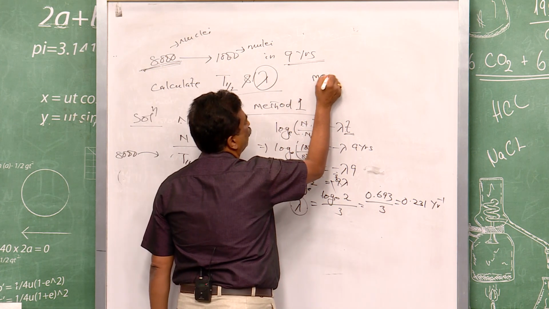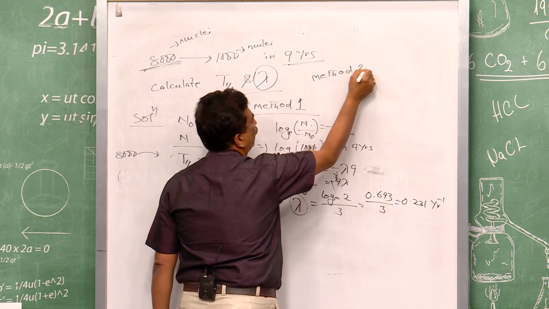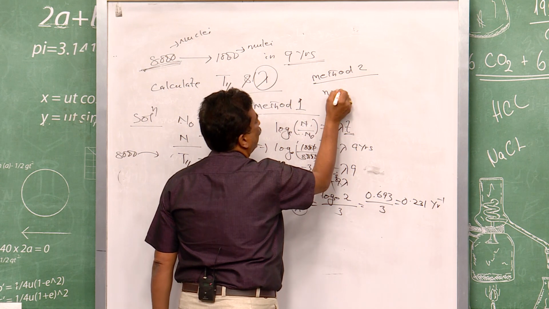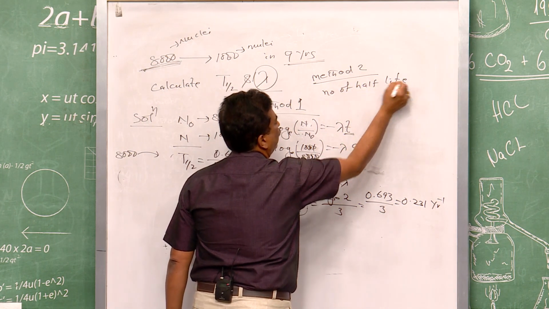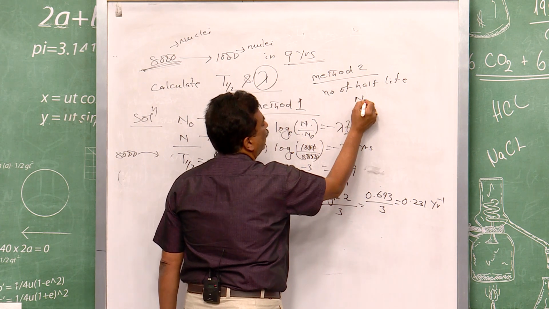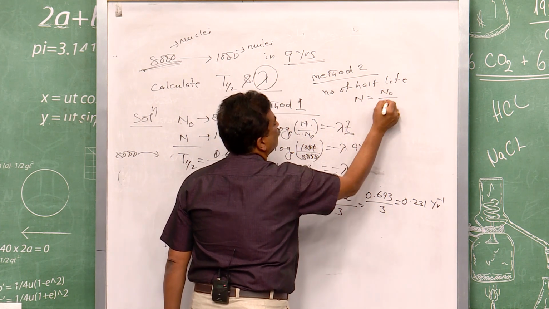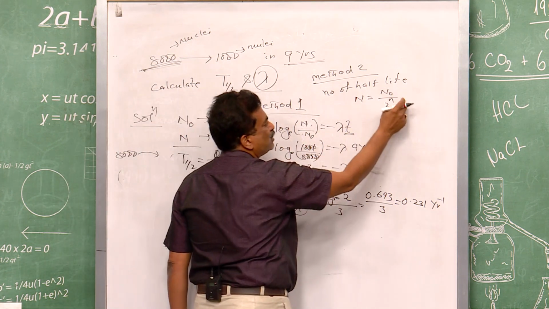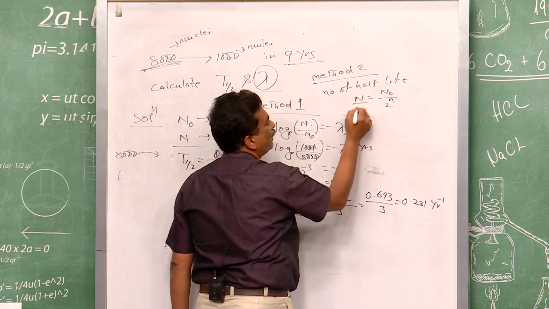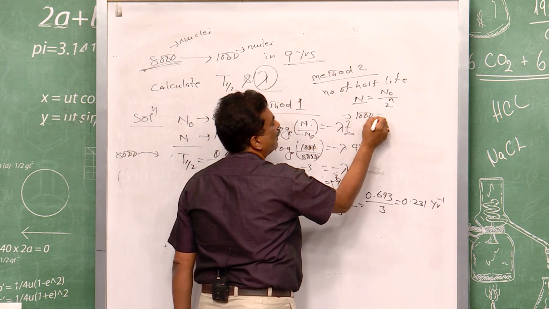According to method 2, the number of half lives n is given by N is equal to N0 by 2 to the power of n. N means the number present, that is 1000.